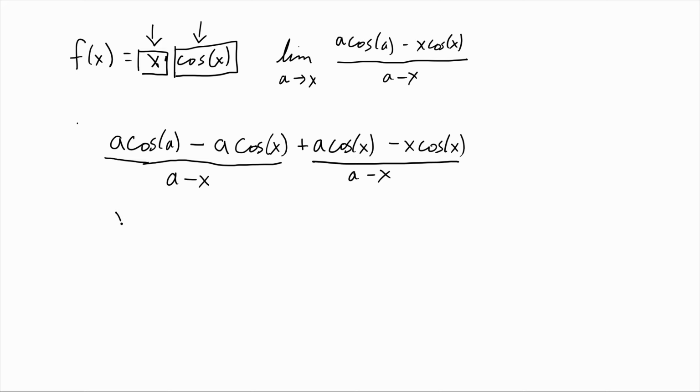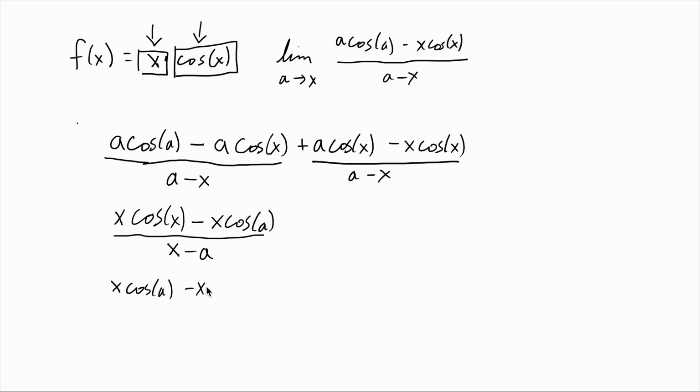We'd have x cosine of x minus x cosine of a, all over x minus a. And then we can multiply top and bottom by -1, and let's see what we have. We have x cosine of a minus x cosine of x, and all of that is over a minus x.